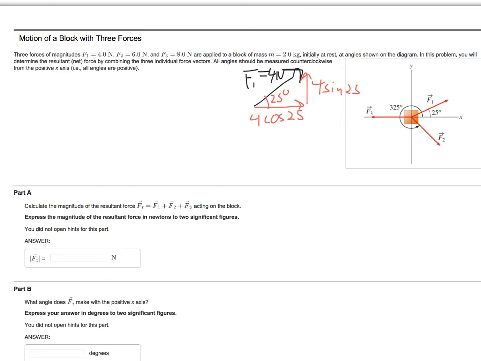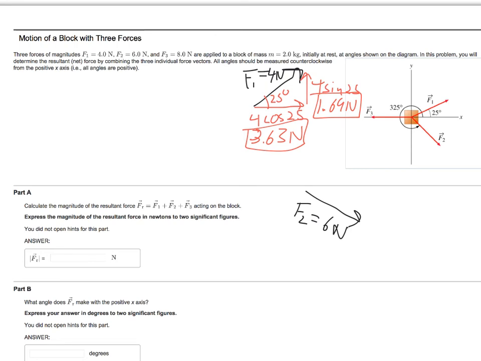And so I find that my x component is 3.63 newtons, and my y component is 1.69 newtons. I'm also going to take F2 down here and break that up into x and y components. So F2 is 6 newtons, all right?